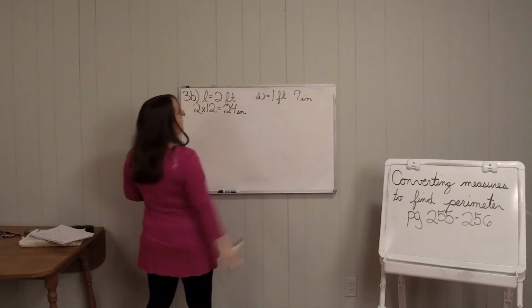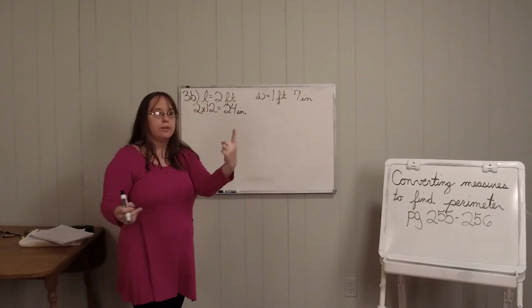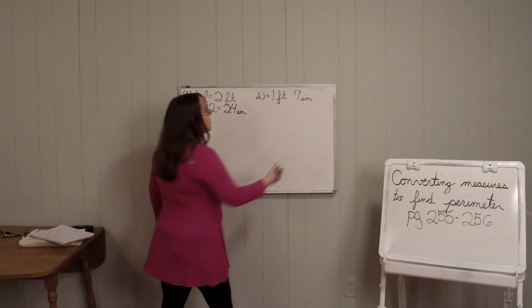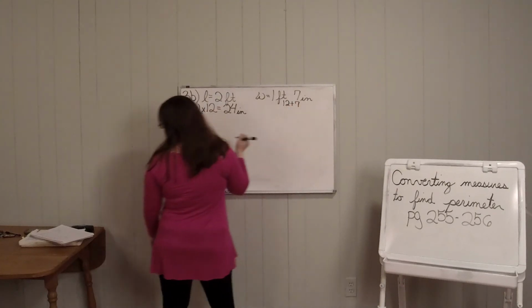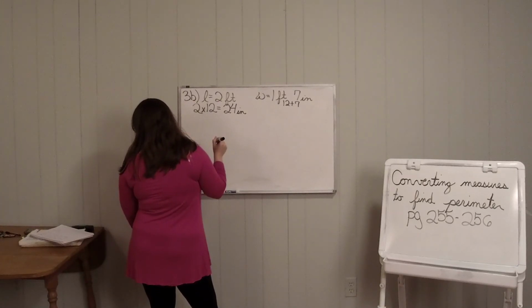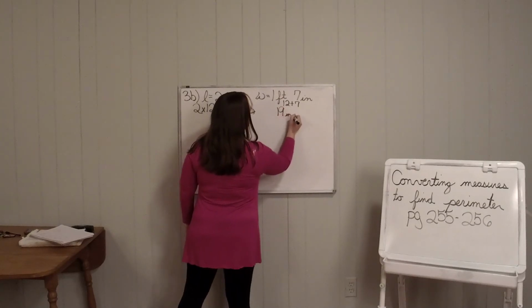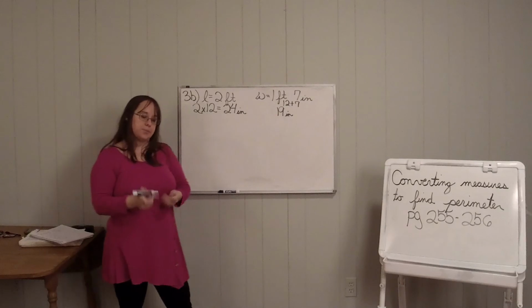Okay, we have the 1 foot 7 inches. Well, you have 1 foot. How many inches are in 1 foot? 12. So here you would just say 12 plus your 7 inches. That would give you 19 inches. So you have 24 inches and 19 inches.